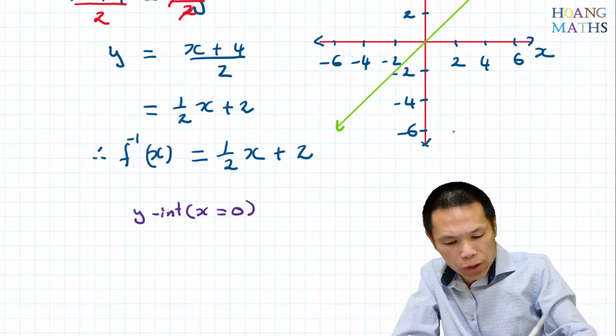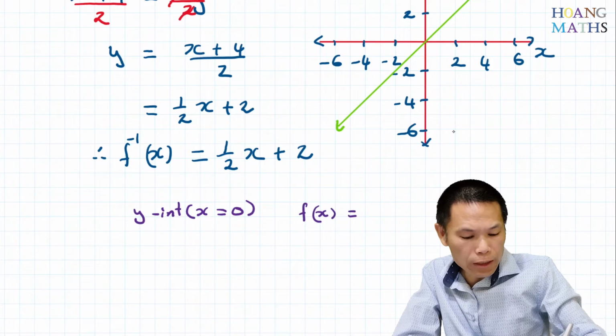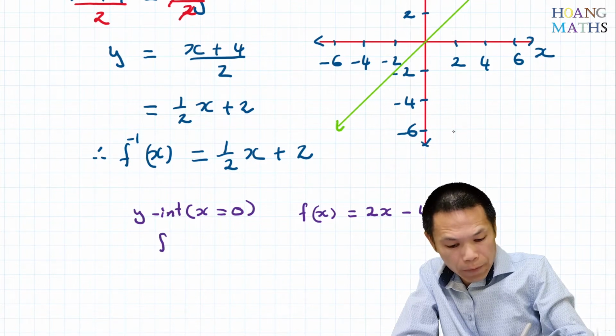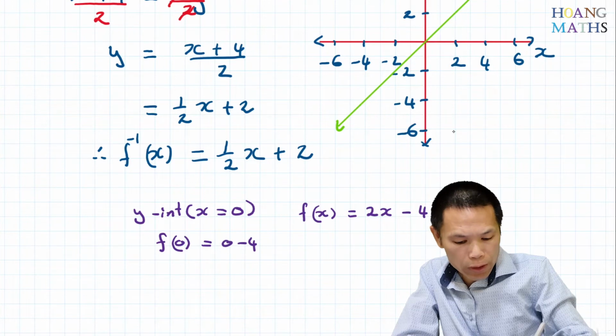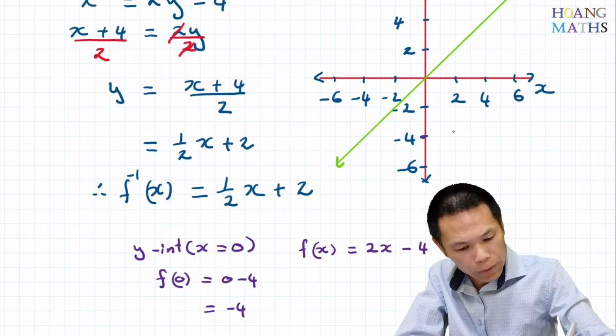So f of 0 is equal to 0 minus 4, that gives you -4. So the y-intercept is -4.